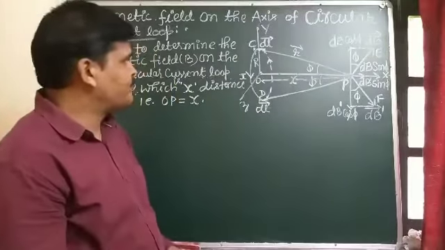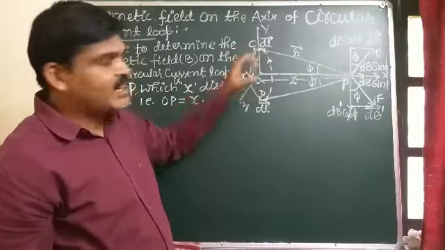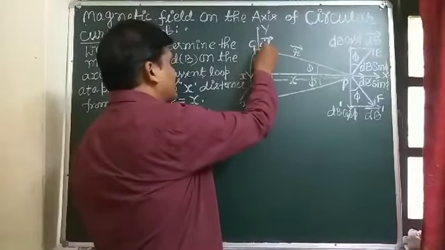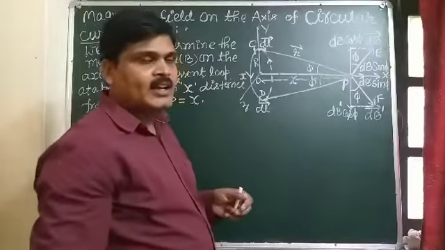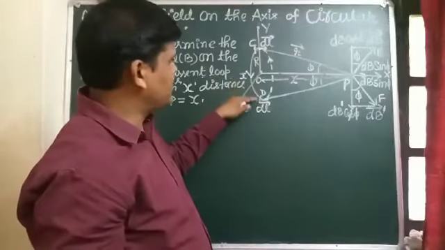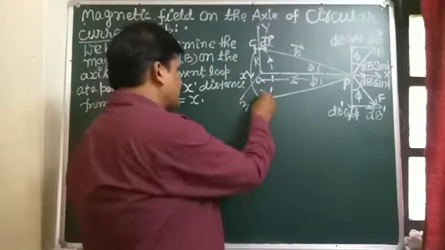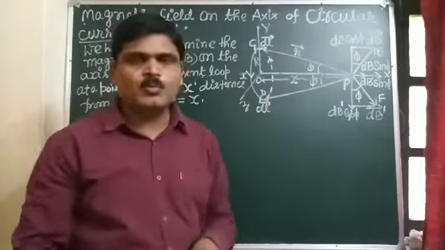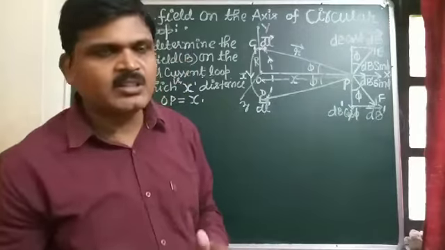Now student, we take a small current element on this circular loop at a point C, and in the same way we take a diametrically opposite point D. Again we take a current element on this circular current loop and apply Biot-Savart's law.